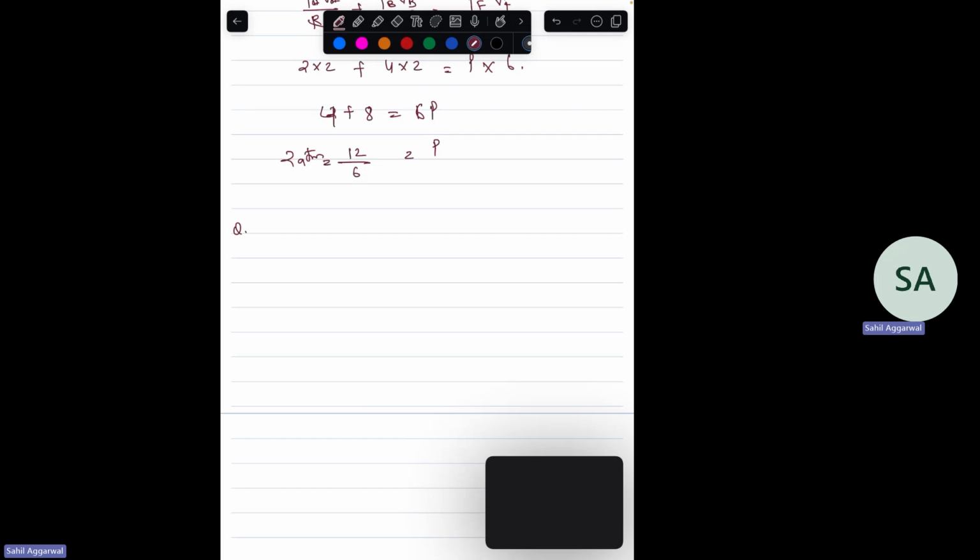Then we have question 27. A weak acid is titrated against a strong base. So let's take weak acid as CH3COOH and strong base as NaOH. Titrate means they are reacted, so it will give salt and water.